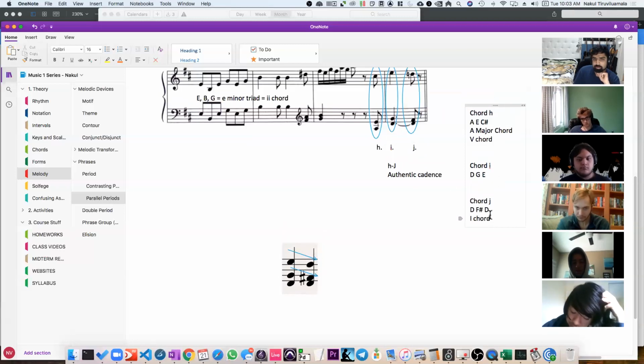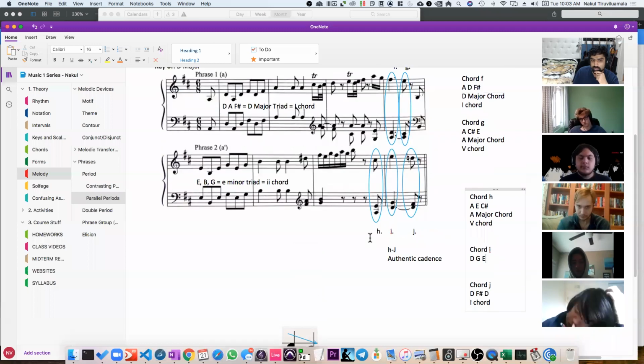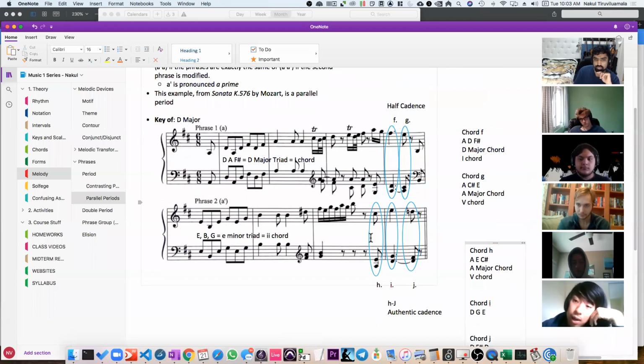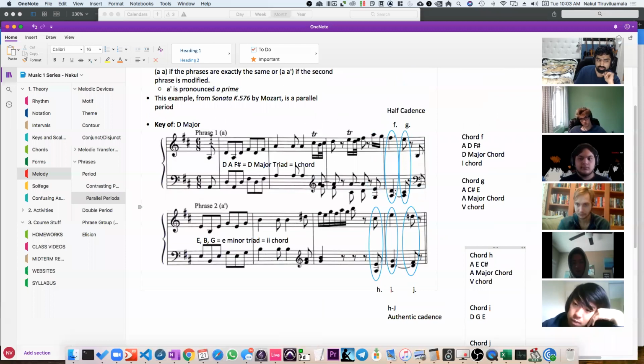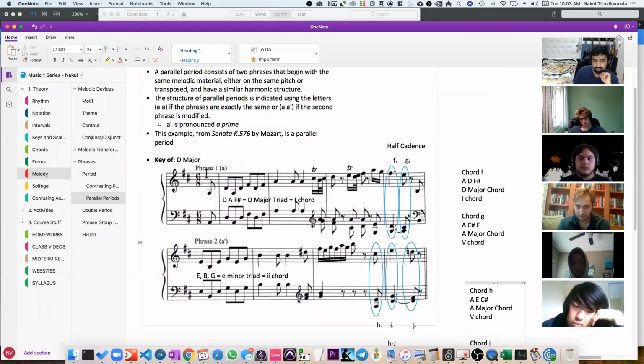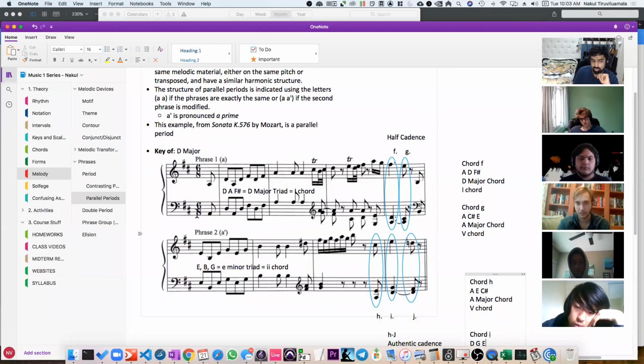So exempting chord I, you basically see this general motion of going from a 5 chord to a 1 chord. You see this authentic cadence, okay? So this is all to say two things. The first is that this looks like a parallel period structure, because we have two phrases, and these two phrases begin in the same manner.